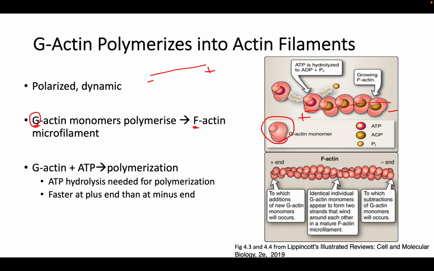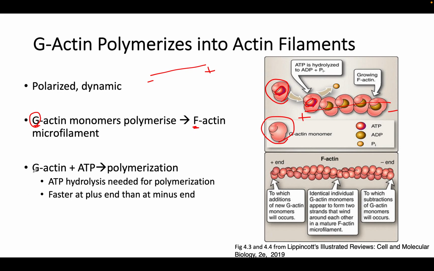And here's another globular actin, another G-actin, and that is wanting to join the party, to become a part of the filament. So note here that the actin at the leading edge, or the plus end of the filament, has ATP bound to it, little red ball. And the one that's coming in also has ATP bound, and that's a requirement. So in order for actin to polymerize, ATP is required.